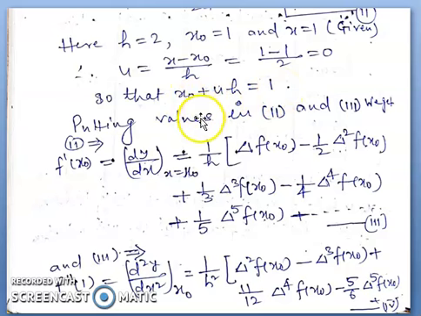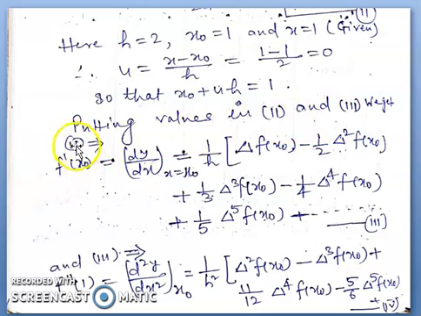Now putting these values in equations 2 and 3, which we derived in the previous slide, we put the value of u as 0.